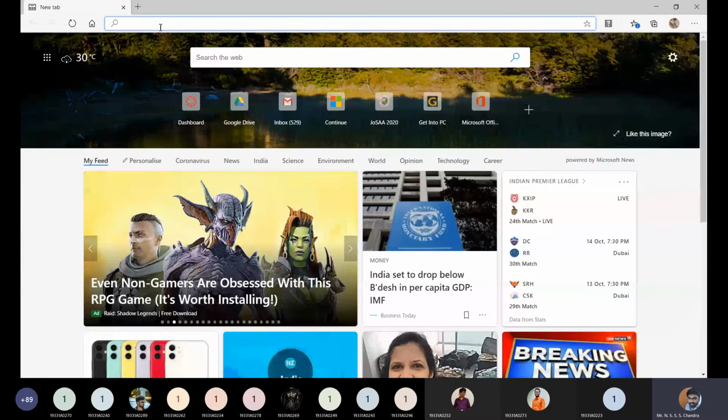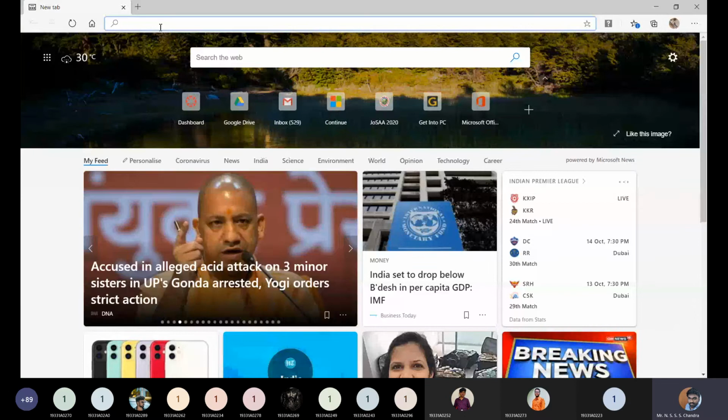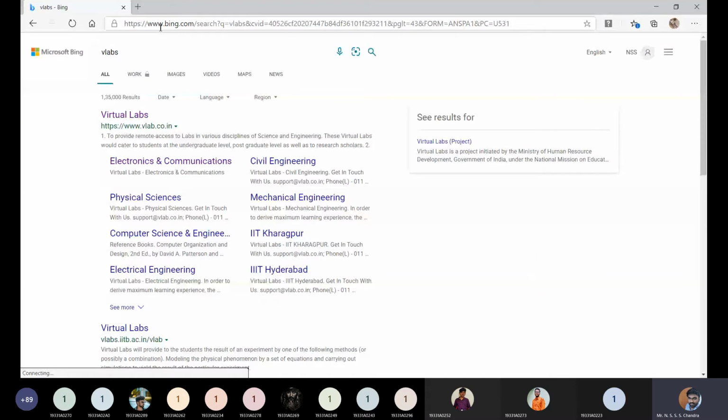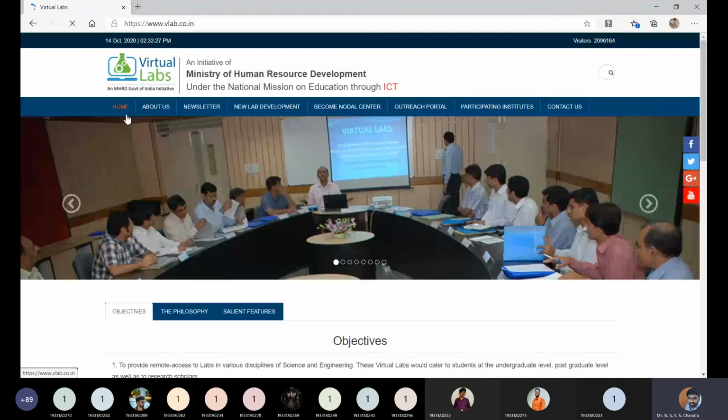Is my browser screen visible to you? Okay. So once you open your browser, you can search for something called VLabs. Please mute yourself. Then the first result you'll get is called Virtual Labs. It's a Government of India initiative by the MHRD.